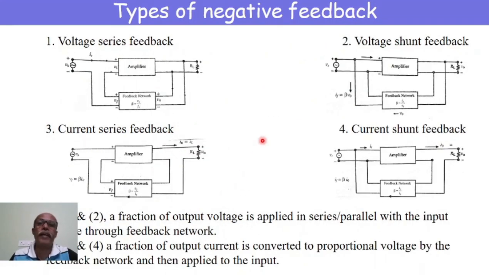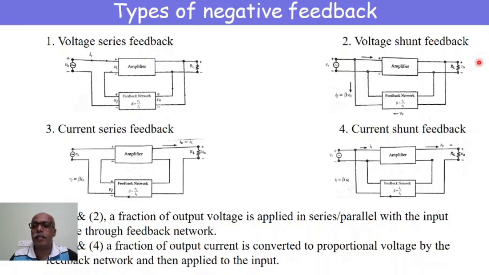So we have different types of negative feedback. Figure 1 represents a voltage series feedback. The feedback is applied to the input in series way.